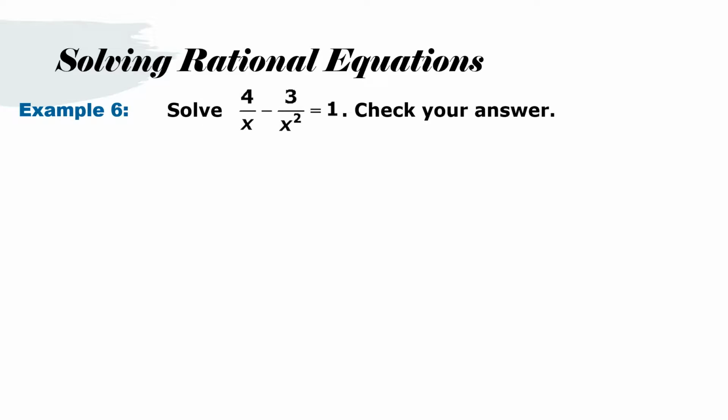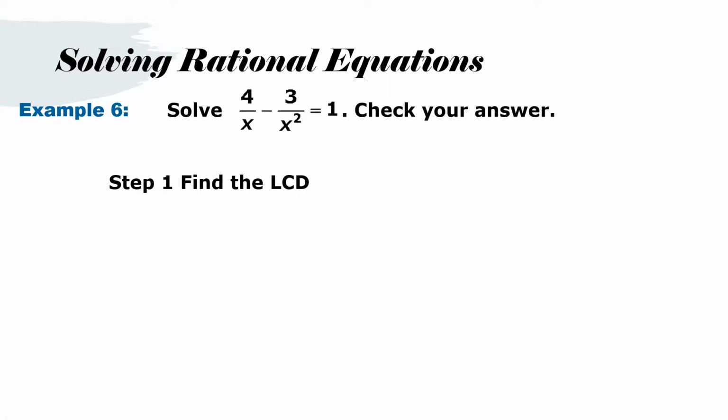Another example, let's have 4 over x minus 3 over x squared equals 1. Now take note that we could not simply use cross multiplication because on our left side, the rational expression is being subtracted by another rational expression. So to do that, we are going to get the LCD.